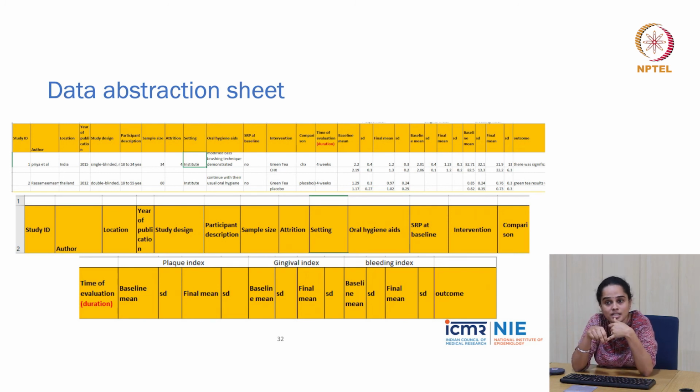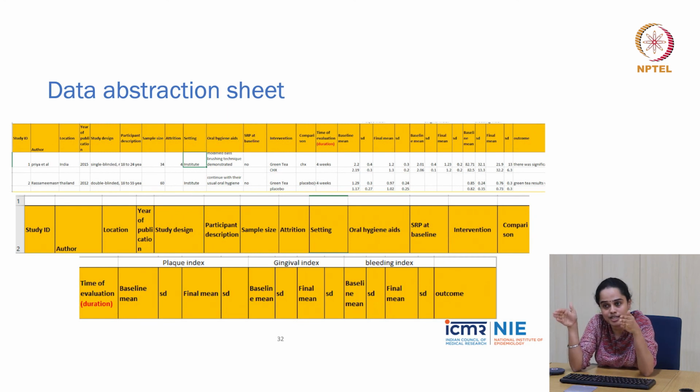So there is study ID, author, location, where this study was conducted, year of publication, study design, participant description, sample size, any attrition, settings of the study, oral hygiene aids, I'm not sure what SRP at baseline is, intervention arm, comparison arm, then time of evaluation.